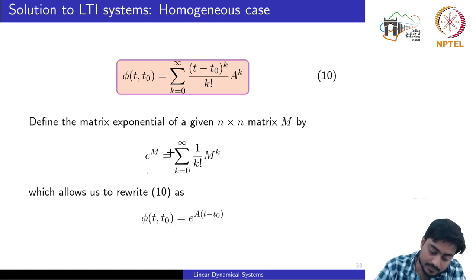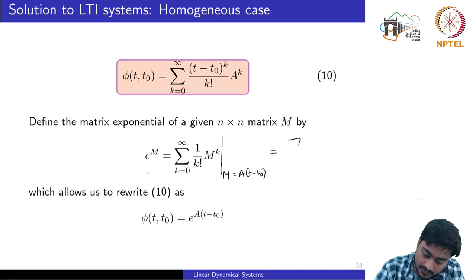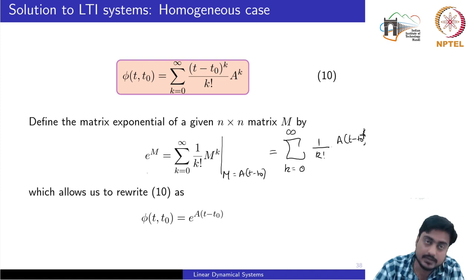If I replace M by A(t minus t0) here, I would have the summation k is equal to 0 to infinity of 1 over k factorial, and M is basically A(t minus t0), to the power k.